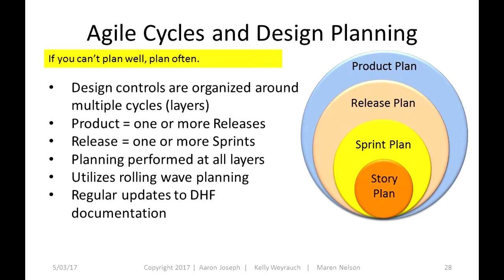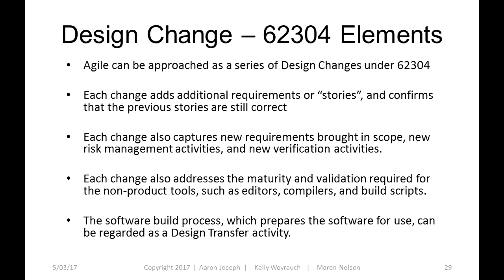So the design controls, going back to the FDA, are the design controls for the product are organized around these multiple layers. The other key piece for me is design change, which is part of 62304. Each of these incremental activities that you do is treated as a design change. So each change will bring in the new requirements, but you're also checking to make sure what you did previously is still working.